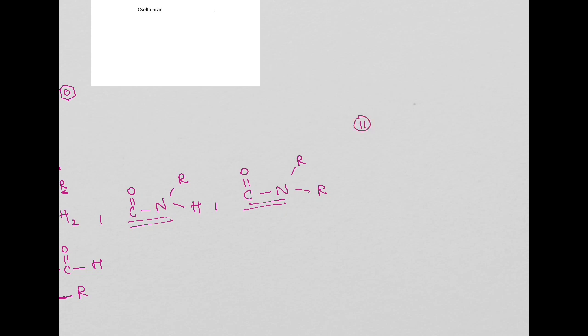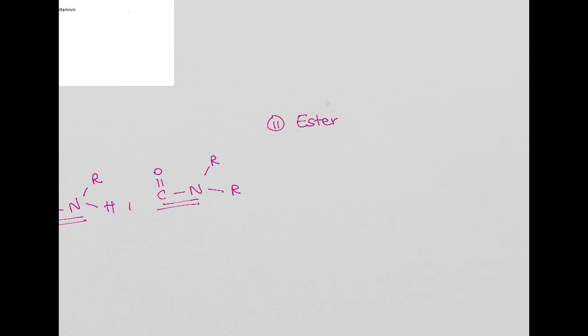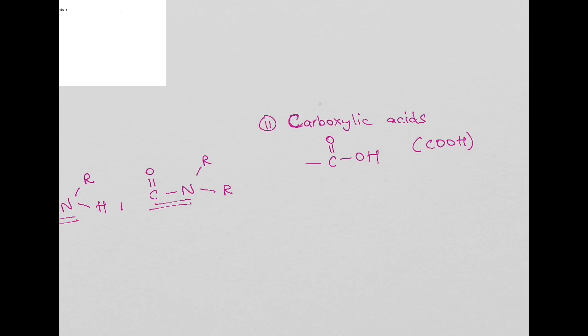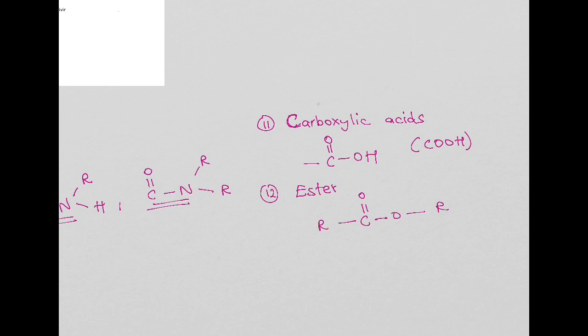Then we have an ester linkage. Before we look at ester, let's look at carboxylic acids. So carboxylic acids, you have COOH. This is a carboxylic acid, also written as COOH here. You have ester, where you will see COO, and then this is bonded to R, this is bonded to R, right?